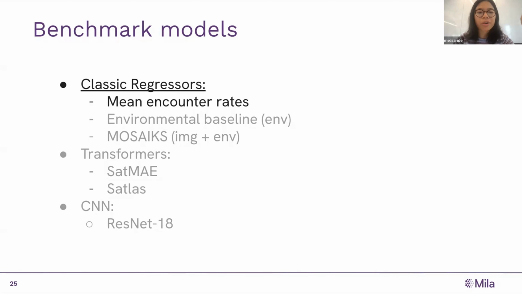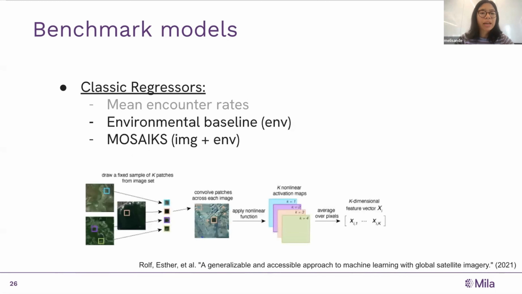But more interestingly, we looked at models that only use environmental data as input, like methods in ecology, usually some of them use gradient boosted trees regression, so that's what we did here. And additionally, we also looked at this method called MOSAIKS, where the idea is to basically draw fixed, extract features from satellite images, but those are not learned.